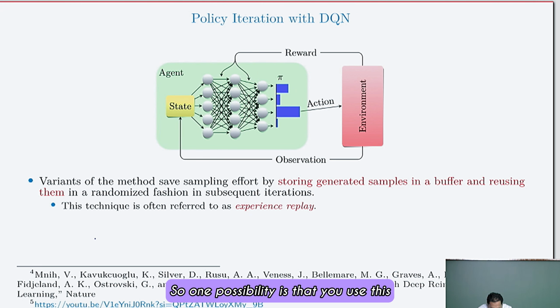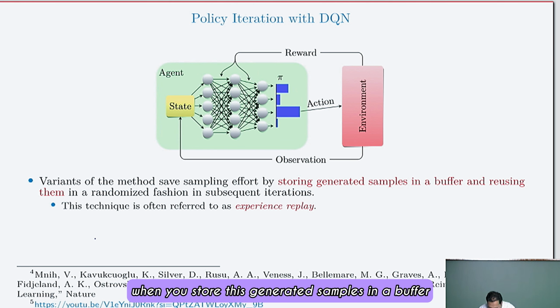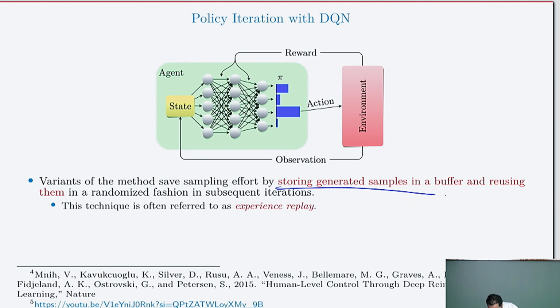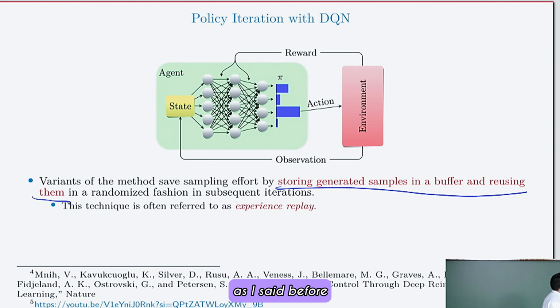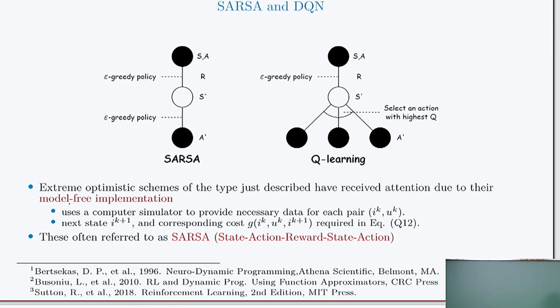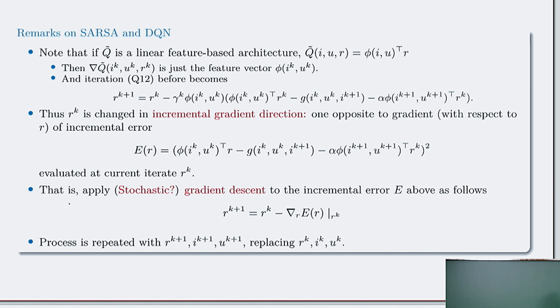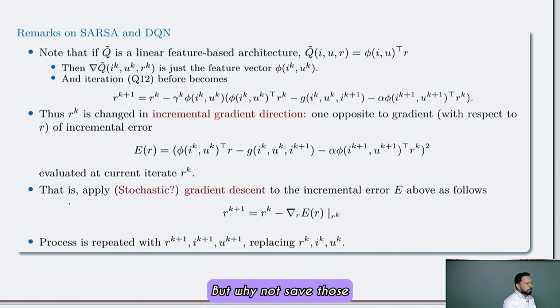So one possibility is that you store these generated samples in a buffer and reuse them. As we saw before, it's as if we do sample by sample, but here we have this sample by sample data being generated, so why not save those?